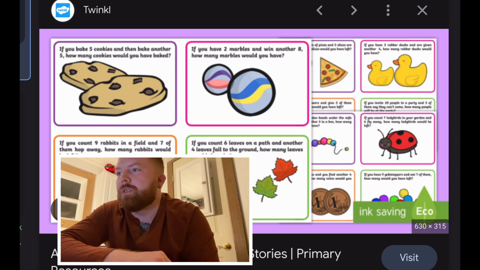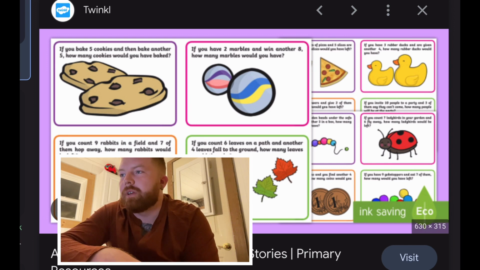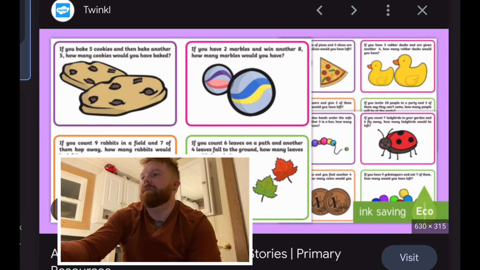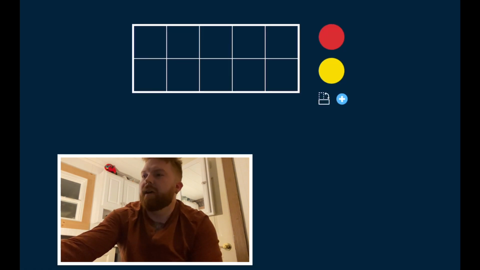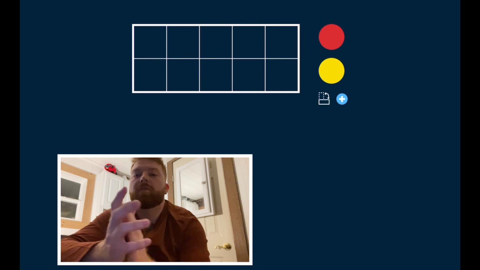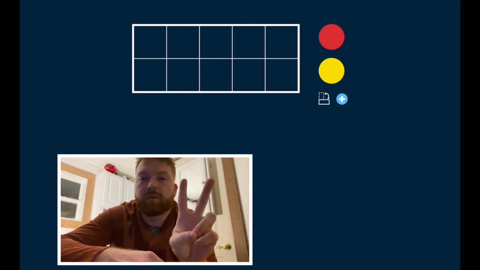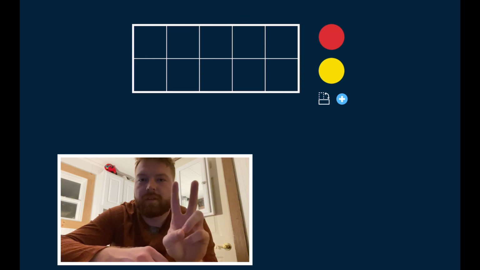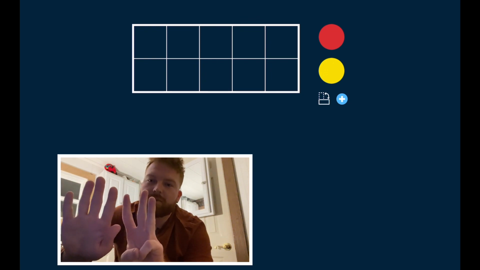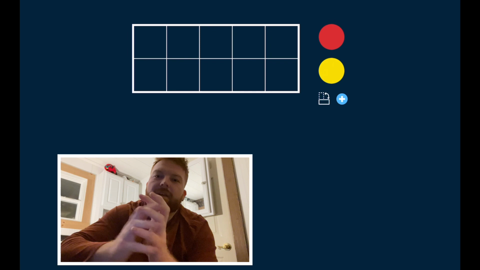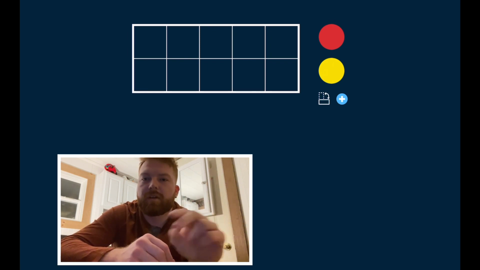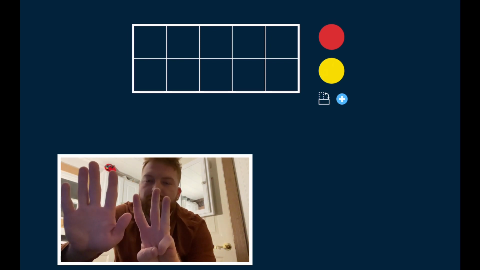It says if you have 2 marbles and you win another 8 marbles, how many marbles would you have? So same exact concept. This time I'm going to talk to you before we use the tens frame about how to write the equation. So if we have 2 marbles and then we have 8 marbles, that means we're going to be adding 2 to 8.